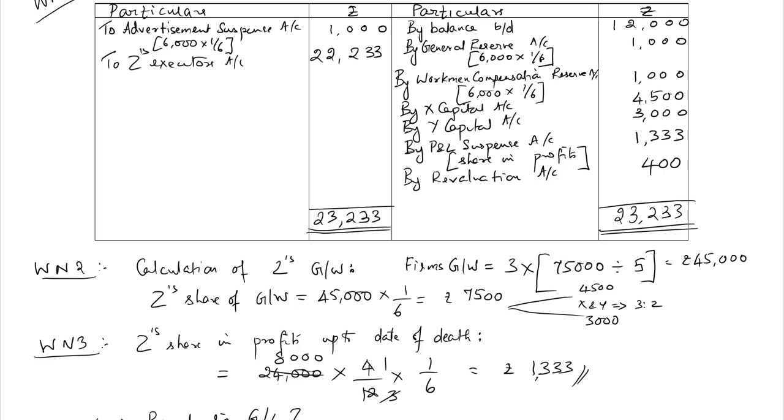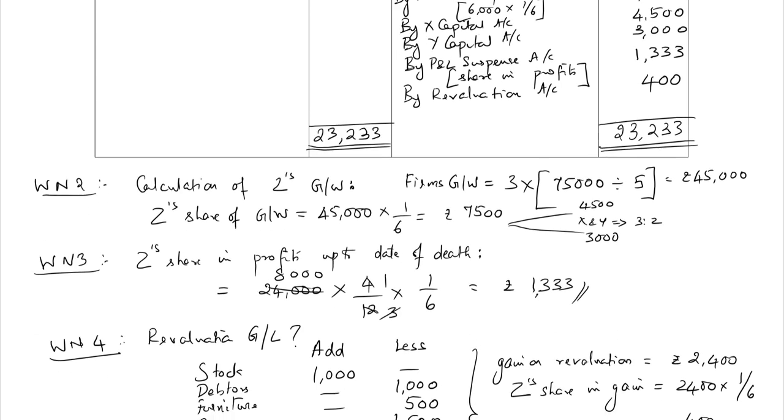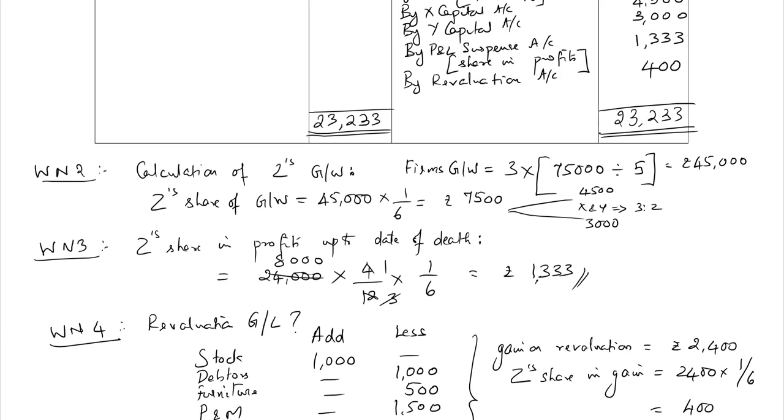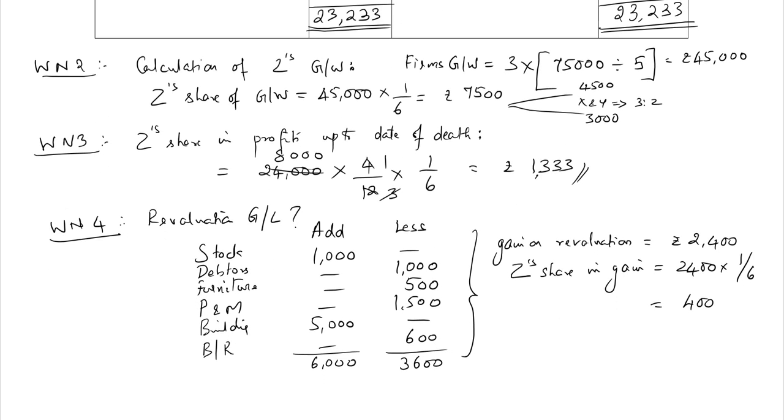Second working note, calculation of goodwill. Third working note, calculation of Z's share in profits up to date of death. And the final working note was Z's share in gain on revaluation.